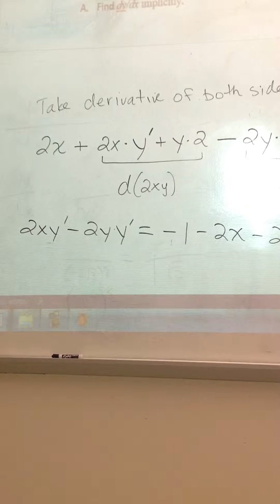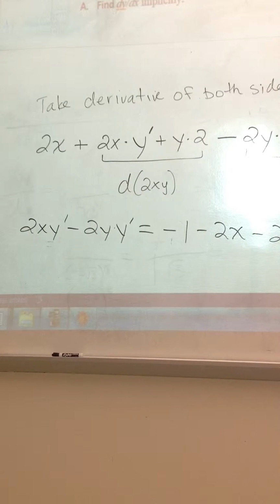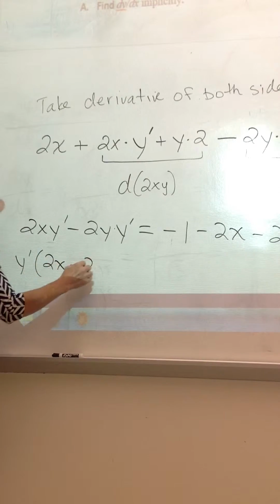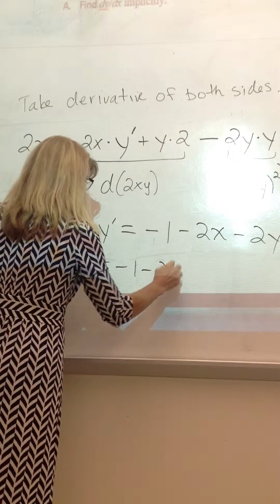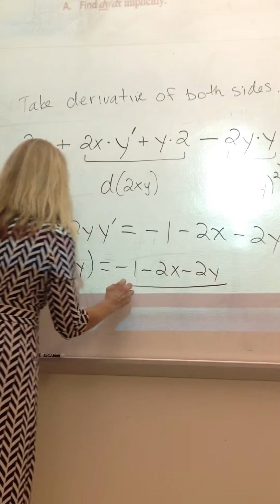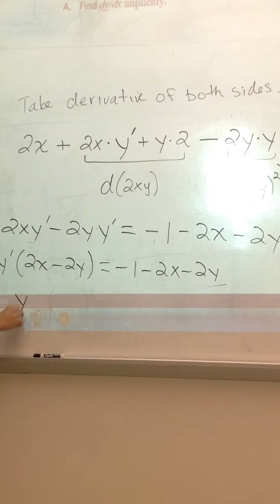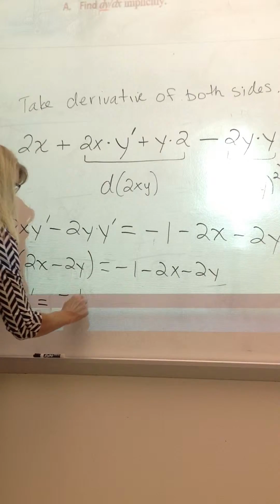Anything that did not have y prime in it, I subtracted. And then once you get that far, you can factor out the y prime. And then to finally get the derivative, so either your dy dx or y prime, whatever notation you're using.